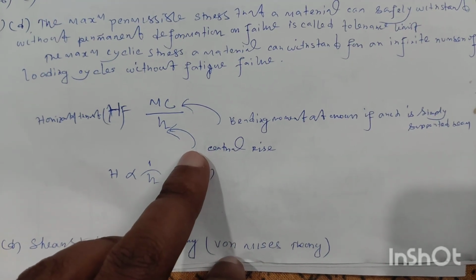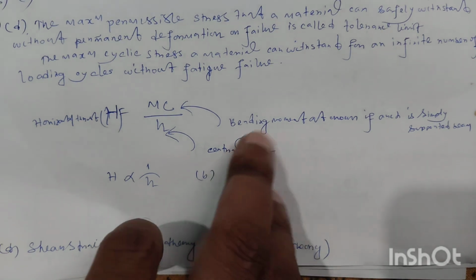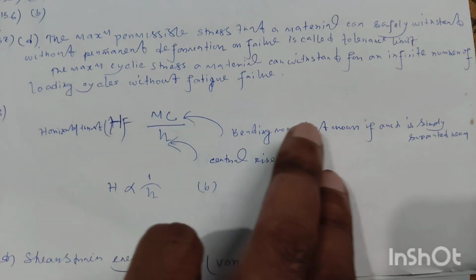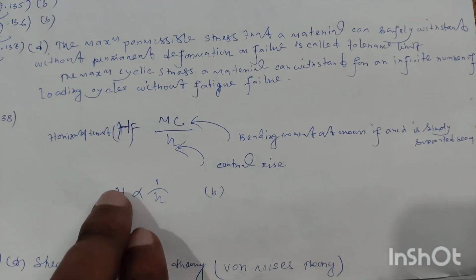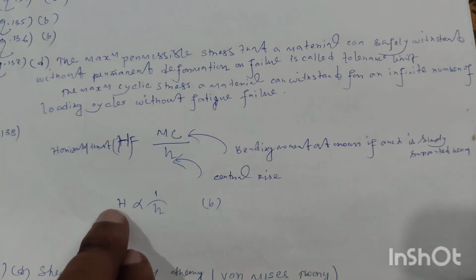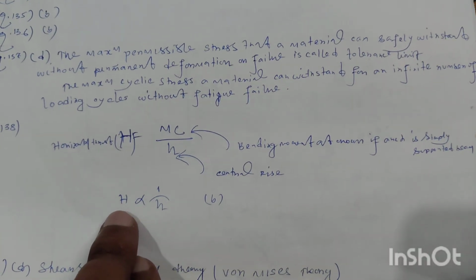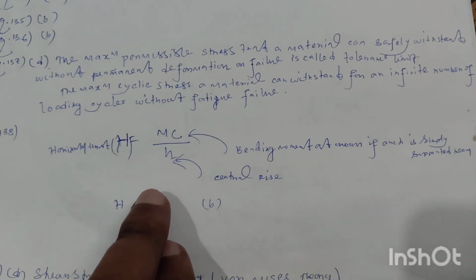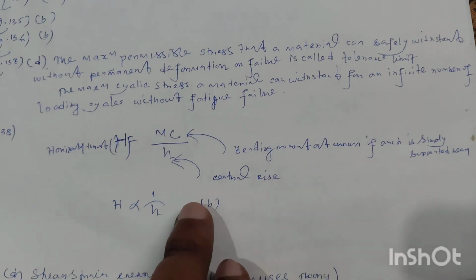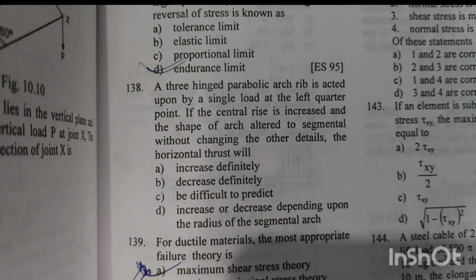Small h is the central rise of the arch, and MC is the bending moment at the crown if the arch is a simply supported beam. So from this equation we can write that horizontal thrust H is inversely proportional to the central rise of the arch. Option B is the right answer.